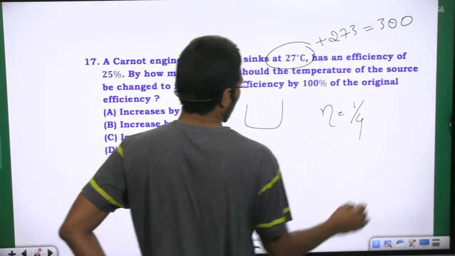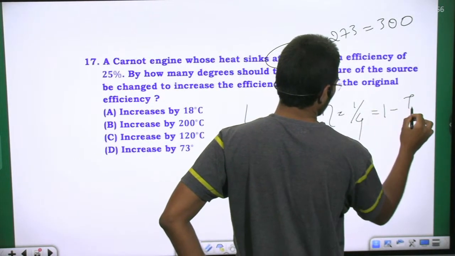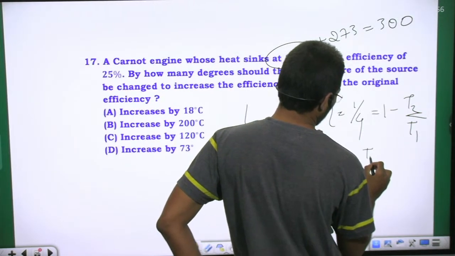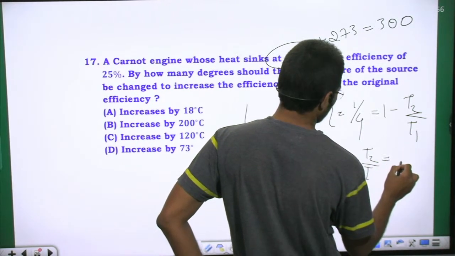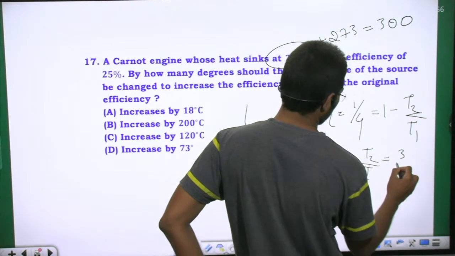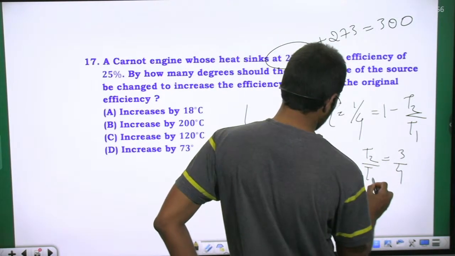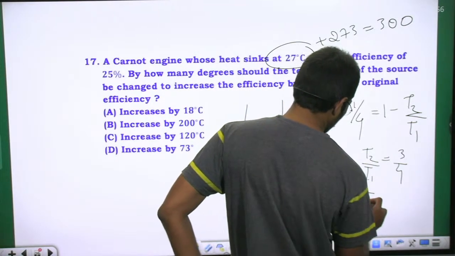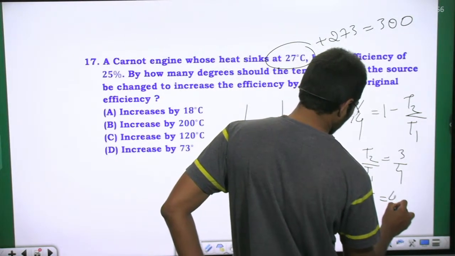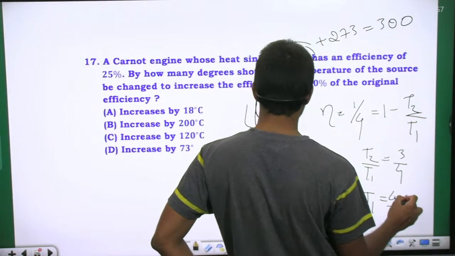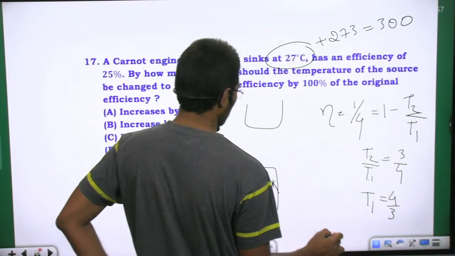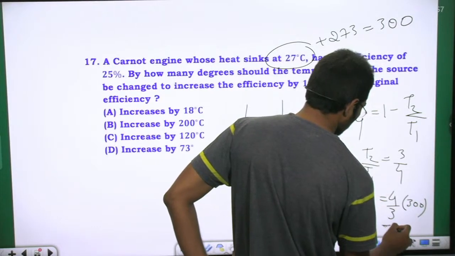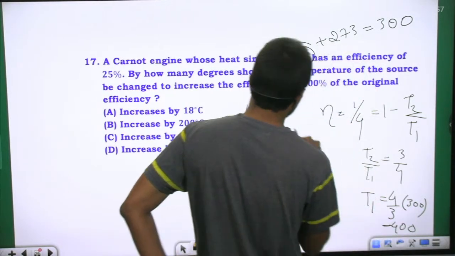So how do you write efficiency? 1 minus T2 by T1, which gives T2 by T1 is equal to 3 by 4. So what is T1? T1 is equal to 4 by 3 T2. What is T2? 300. So we get it as 400.